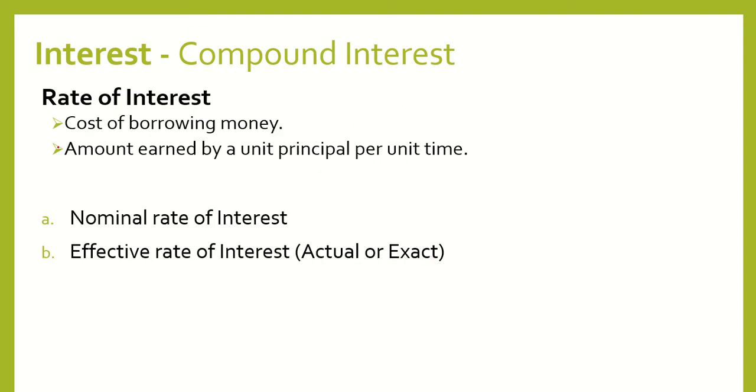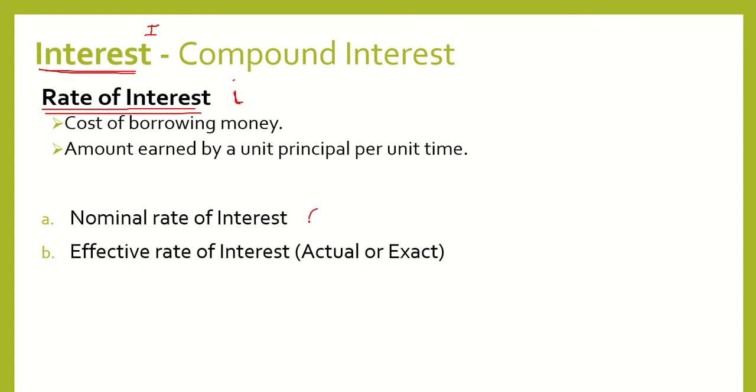Okay, now the one that we're talking about is interest. Take note that it's a capital letter I, but when we use a small letter i, that is the rate of interest. The rate of interest has two types. In compounding, we will not directly use i, but we will use either the nominal rate of interest or the effective rate of interest.